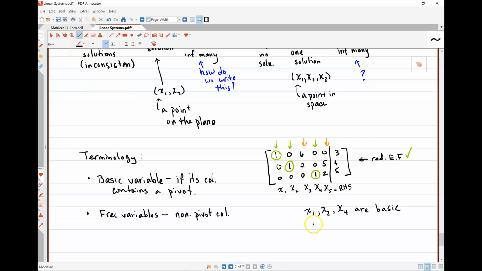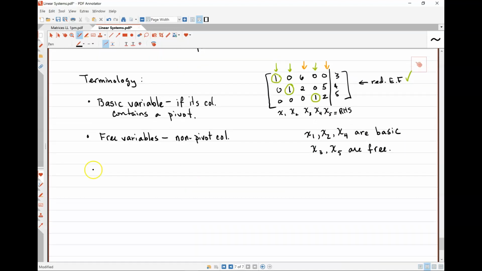So we can say x3 and x5 are free. So once we have this information and can identify the basic and free variables, we do actually have enough information to write down what we call the general form of the solution. Here's how that works. We know that this is a 5-variable system, so we need to have something assigned to each one of these 5 blanks.